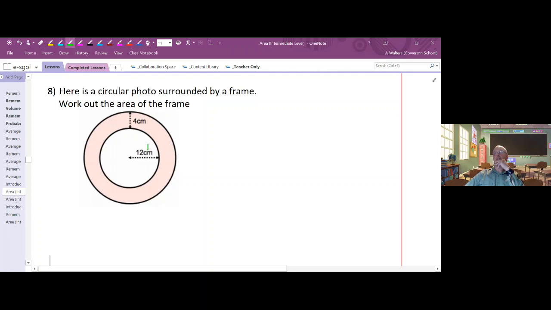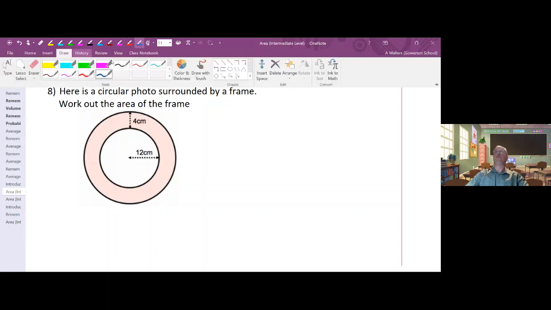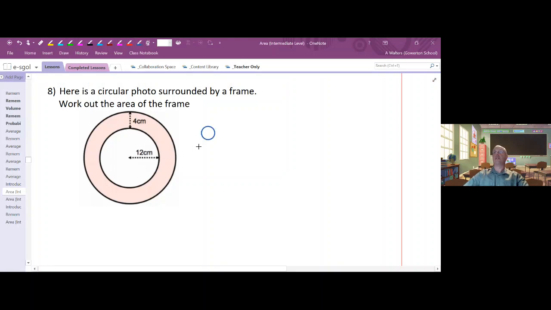So what we basically need to do is work out the outer area. We have an outer area like this. We've got an inner area like this.